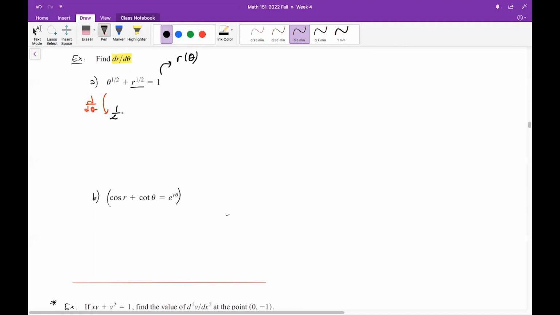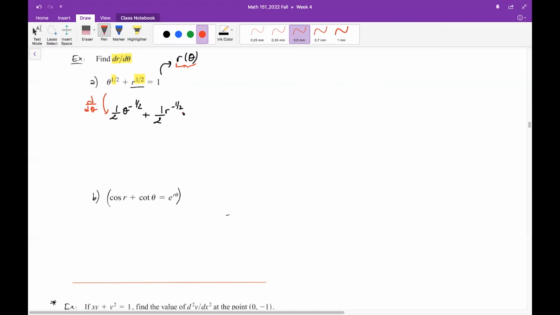You take the power down, you subtract 1 from the power, plus here. These are all power functions, and we are applying kind of chain rule here. 1 over 2 goes down again, you subtract 1 from the power, minus 1 over 2, and then remember, our function depends on theta.